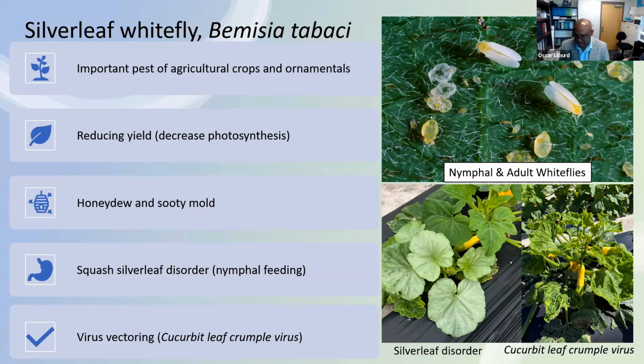We sent it out for identification, and they came back saying that it was the first case of cucurbit leaf crumble virus in Florida. So that was interesting. But now it's widespread. Anywhere you go in Florida where they're growing cucurbits, especially squash, you have this cucurbit leaf crumble virus. I think it's the most severe virus affecting the squash group in Florida.